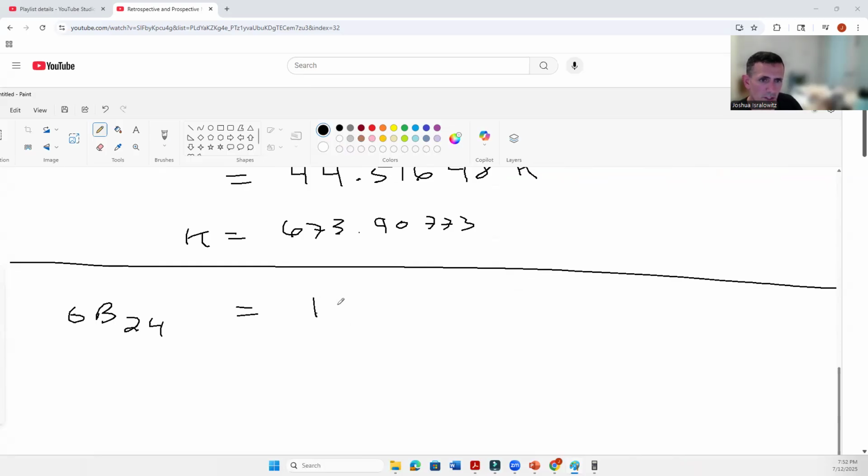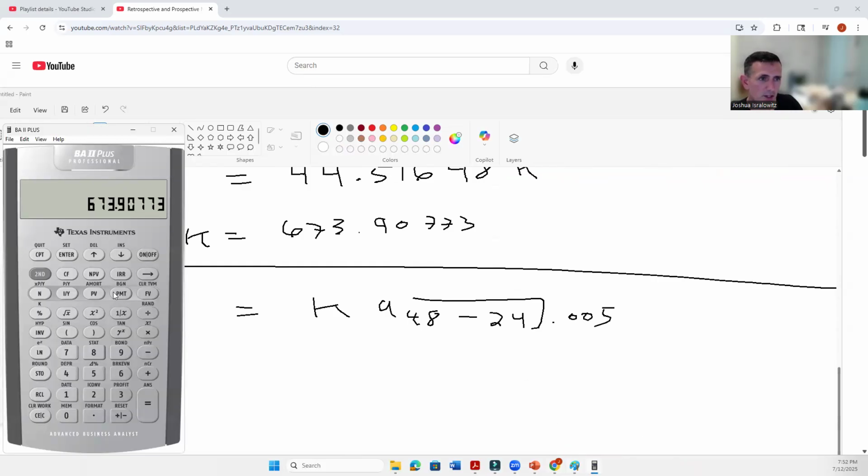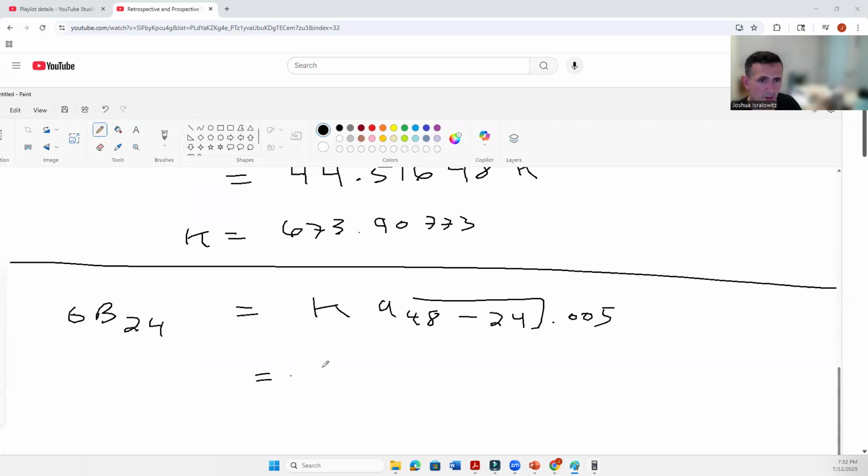Okay, so this is just KA 48 minus 24.005. What is that? This is my payment, 24N, 0.5 interest, compute present value, 15,205.29152. Right.